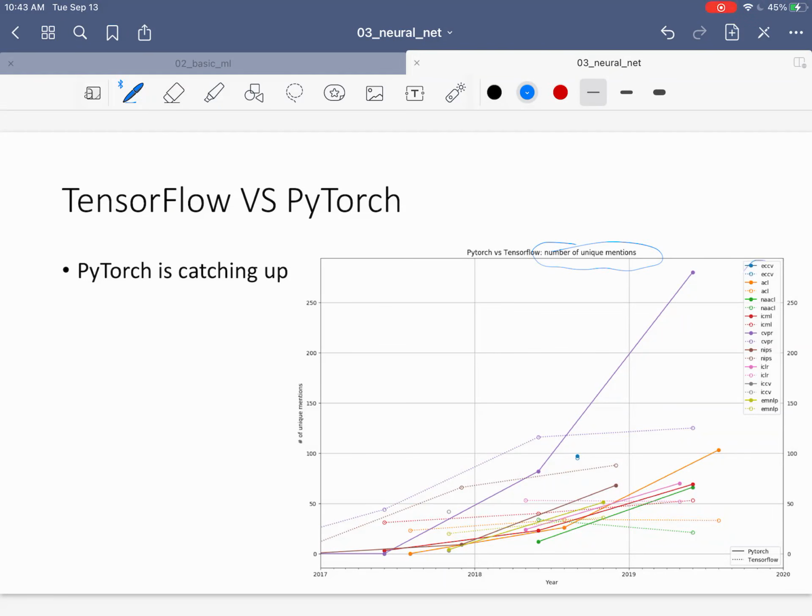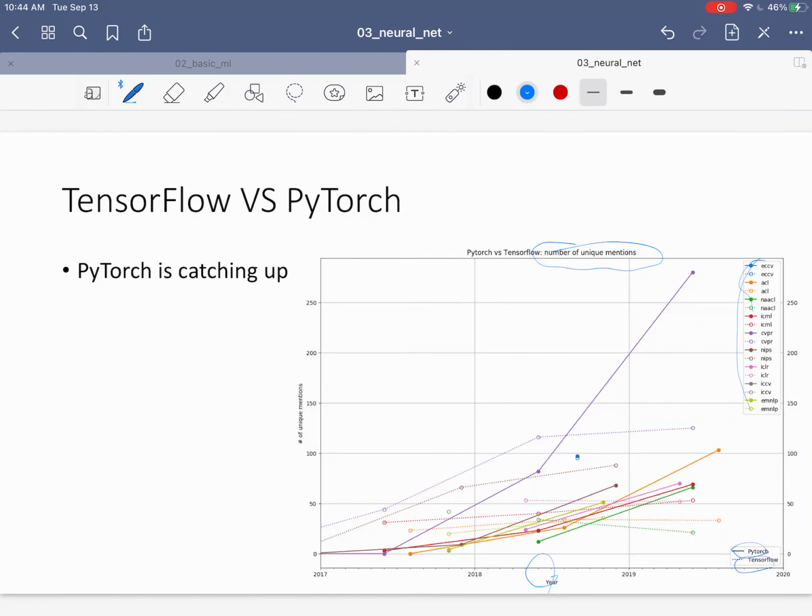You can see ECCV, ACL, NAACL, ICML, all these well-known conferences, and how many times each paper mentioned TensorFlow or PyTorch. You can see PyTorch dominating TensorFlow as of mid 2018, I guess. The solid line is PyTorch and the dotted line is TensorFlow.